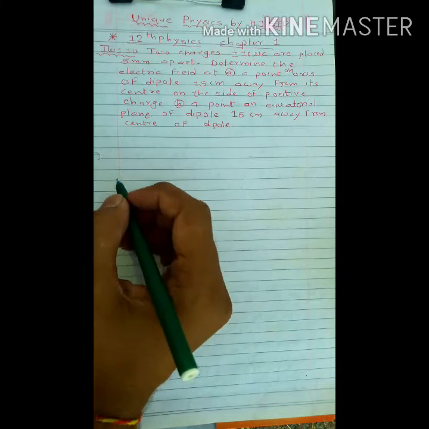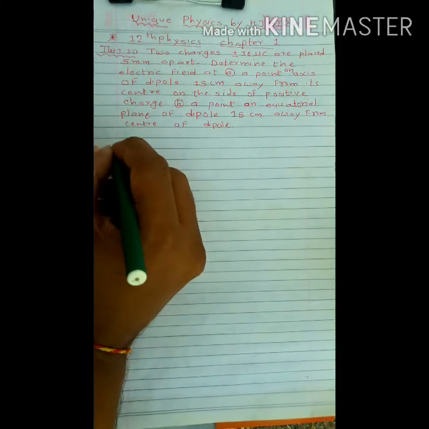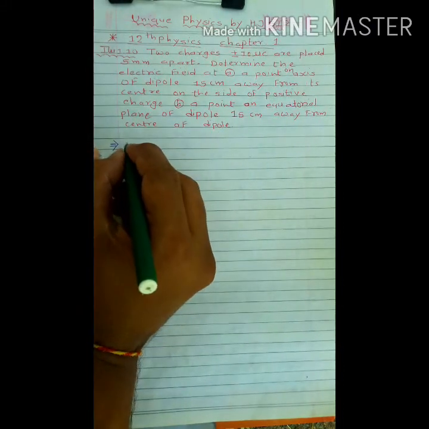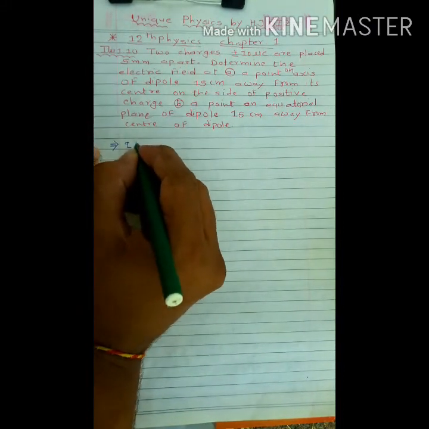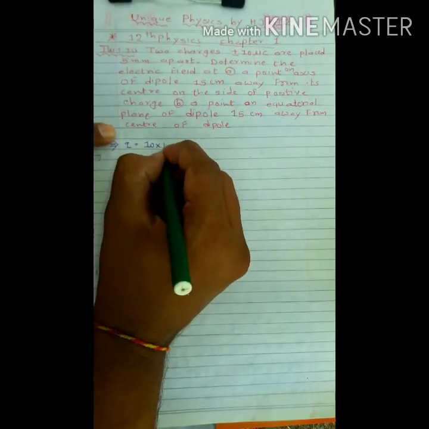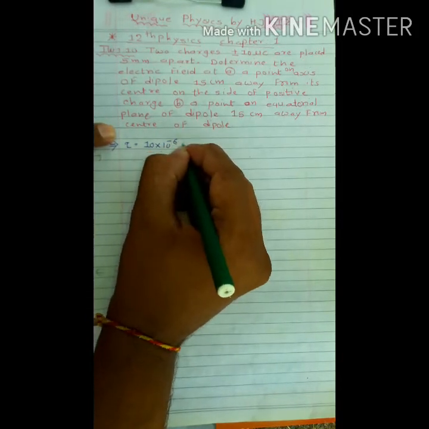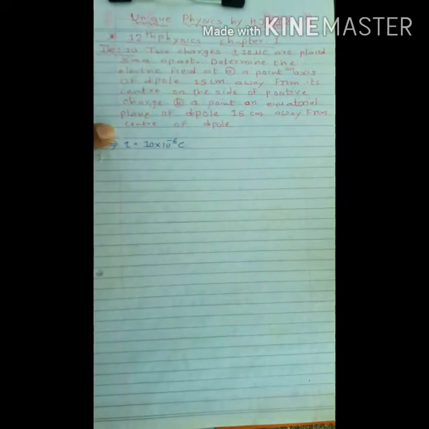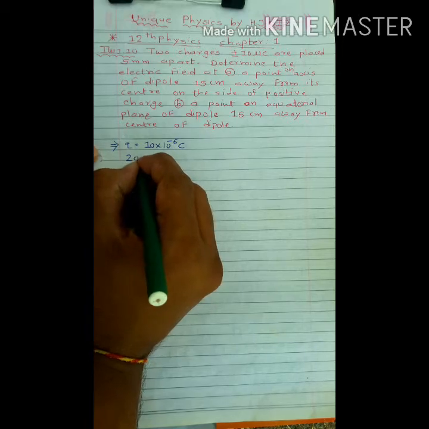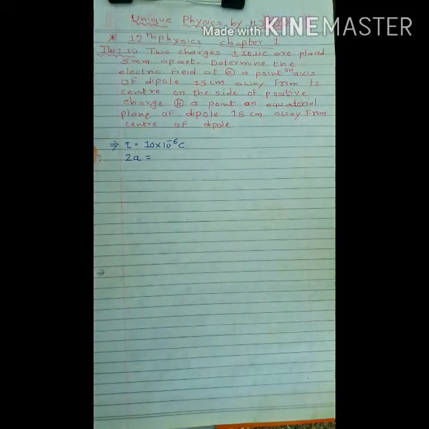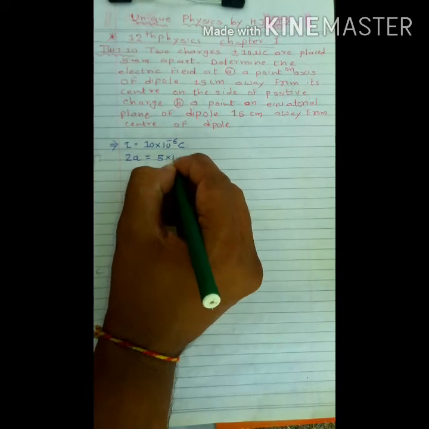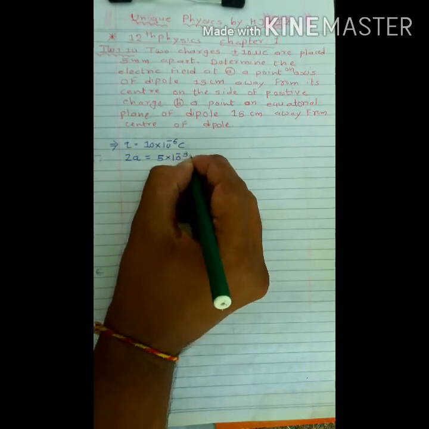So first of all, we separate our quantities. The magnitude of charge is given, so q is equal to 10 microcoulomb, means 10 into 10 raised to minus 6 coulomb. The distance between these two charges is given as 5 millimeter. The distance between two charges is denoted by 2a. So 2a is equal to 5 millimeter, means 5 into 10 raised to minus 3 meter.